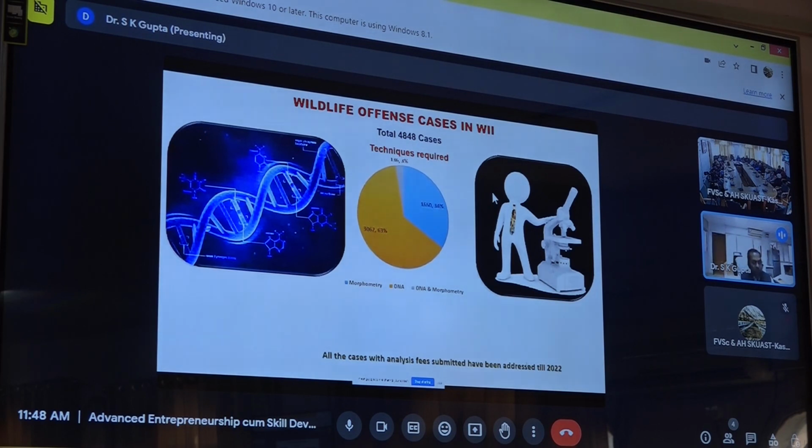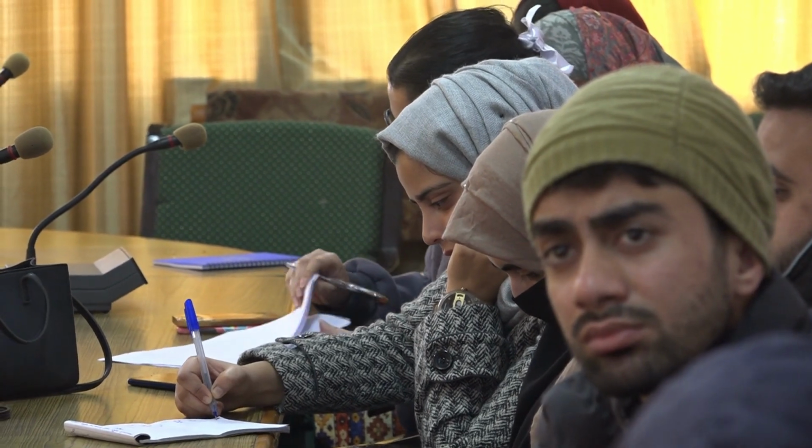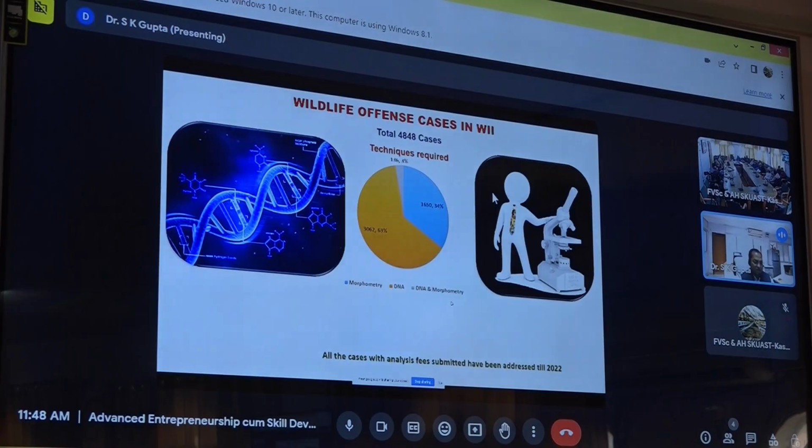That can be dealt with using morphological tests, which involve microscopic examination, osteological examination, and many other morphological ways like X-ray imaging and others. And then there are about 65% cases, 63 plus 3 you can add, which certainly require the molecular test, the DNA test. That cannot be dealt with without using DNA technology.